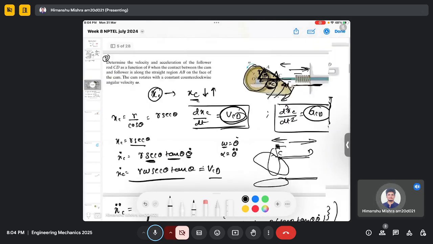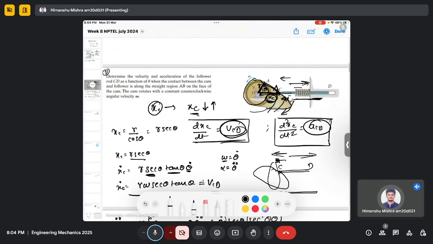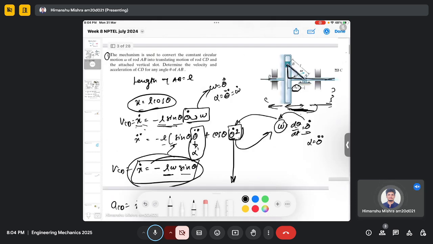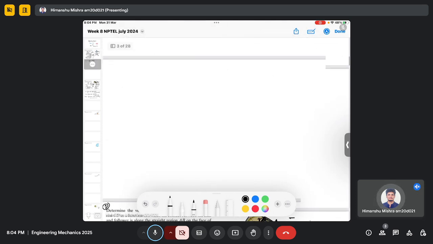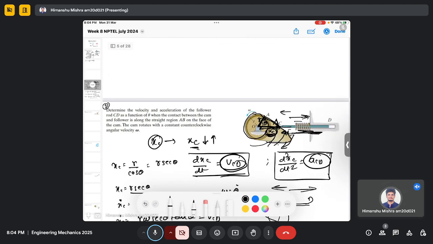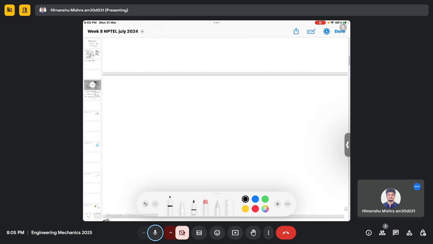So again you can see, based on the rotational motion of this, you are able to find the translating velocity and acceleration of CD. Like in the previous problem also, based on the rotation of this, you can find the translation velocity and acceleration of CD. And the key idea is to actually calculate the XC in both of the questions.